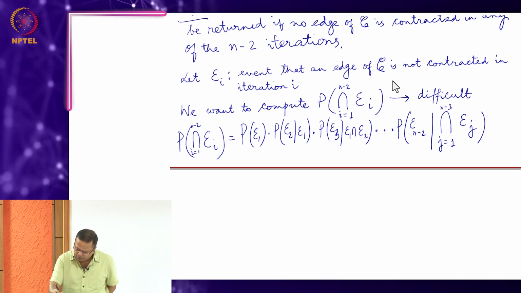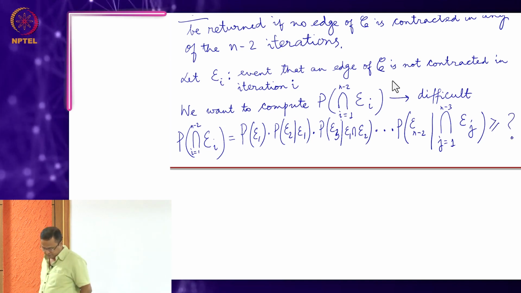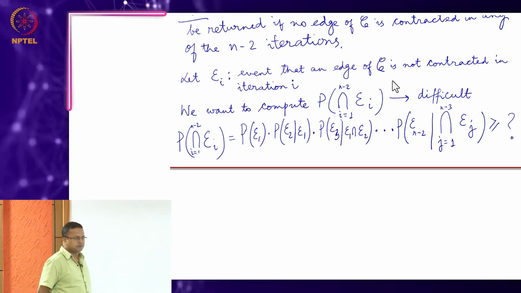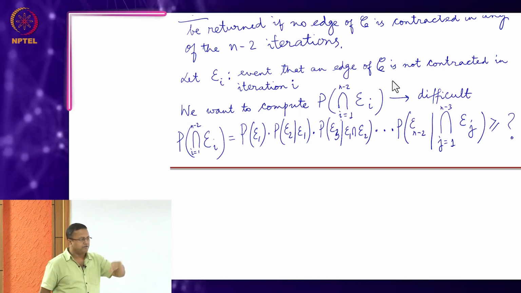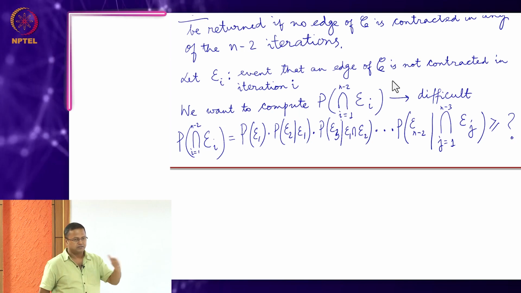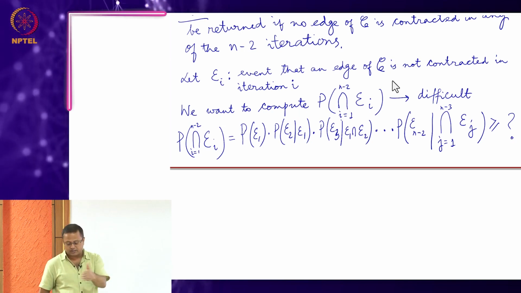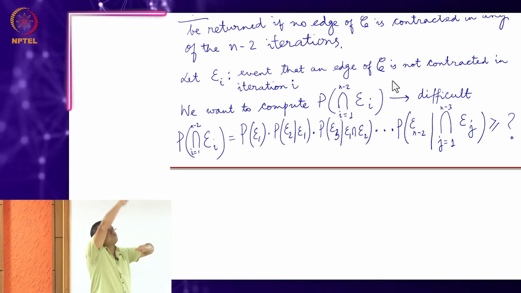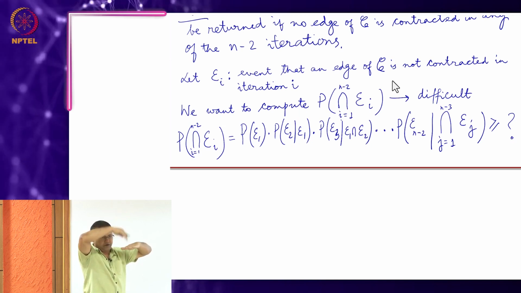So what I would possibly be happy with is a bound on this, that this is greater than or equal to something, and its complement event is the other side, that you fail with a probability at most this. So this is the success probability. I want it to be above a certain thing. I want to give you a guarantee that it is always going to be something above something.